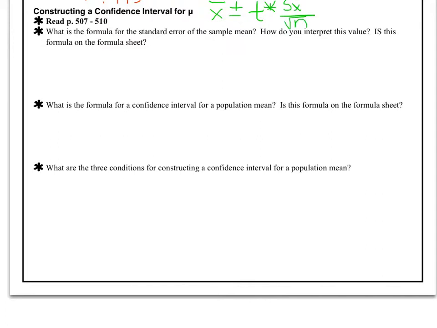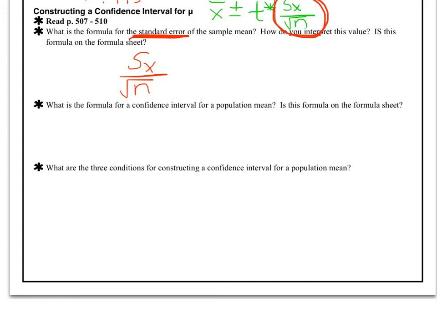That would be the standard deviation. Remember that when we substitute sample data for population data, the standard deviation is actually standard error. So this is the formula for the standard error of the sample mean.